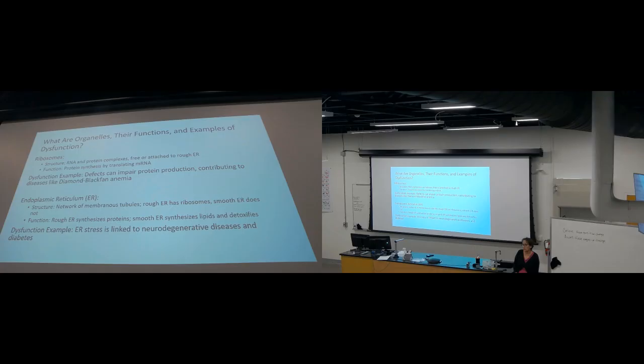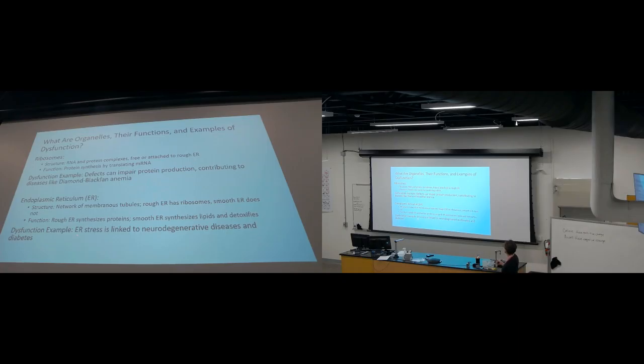And the organ of the body that we use to detoxify alcohol is the liver. So if someone drinks a lot, then it will have a lot of smooth ER in the liver cells.